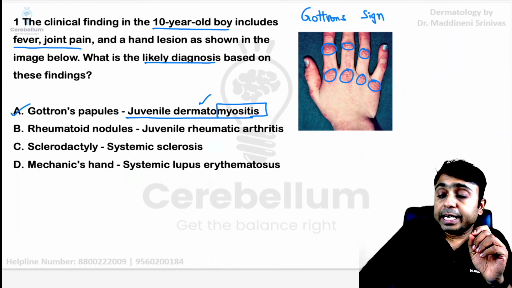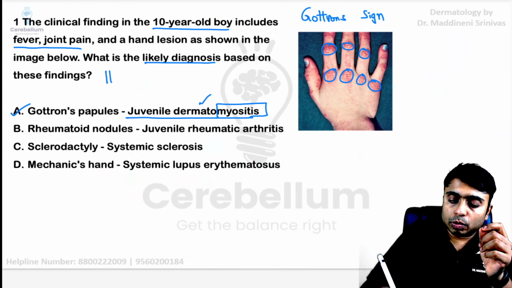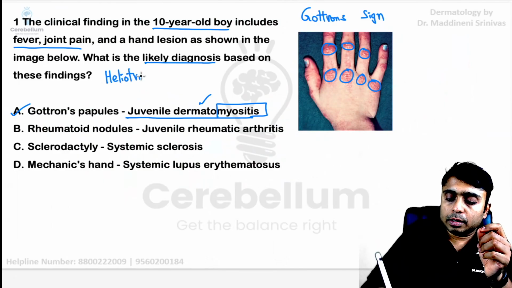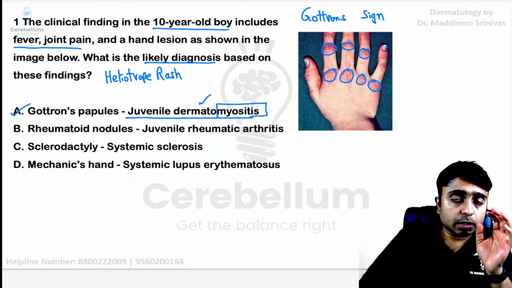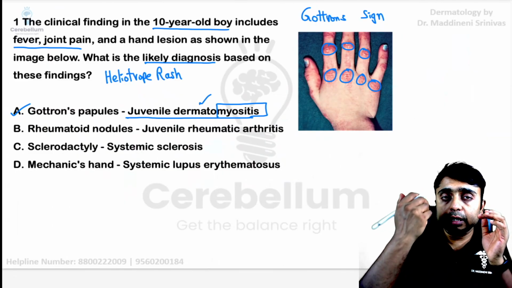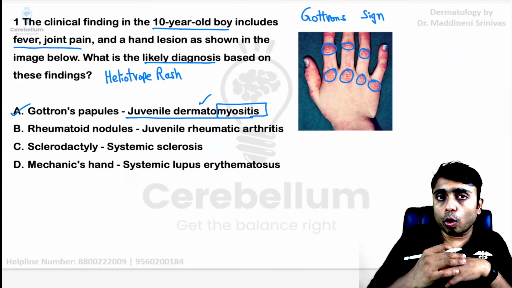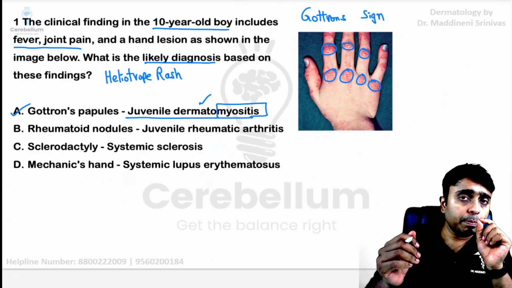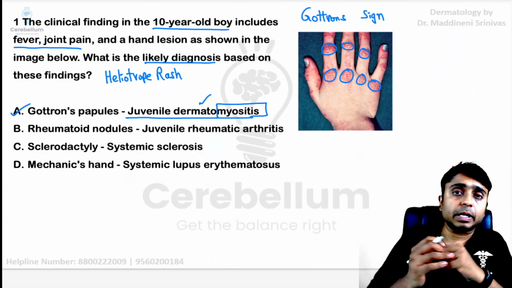What is the other one? Heliotrope rash. So remember heliotrope rash, in which there is going to be violaceous macular erythema surrounding the eyes, mainly periorbital erythema will be present.